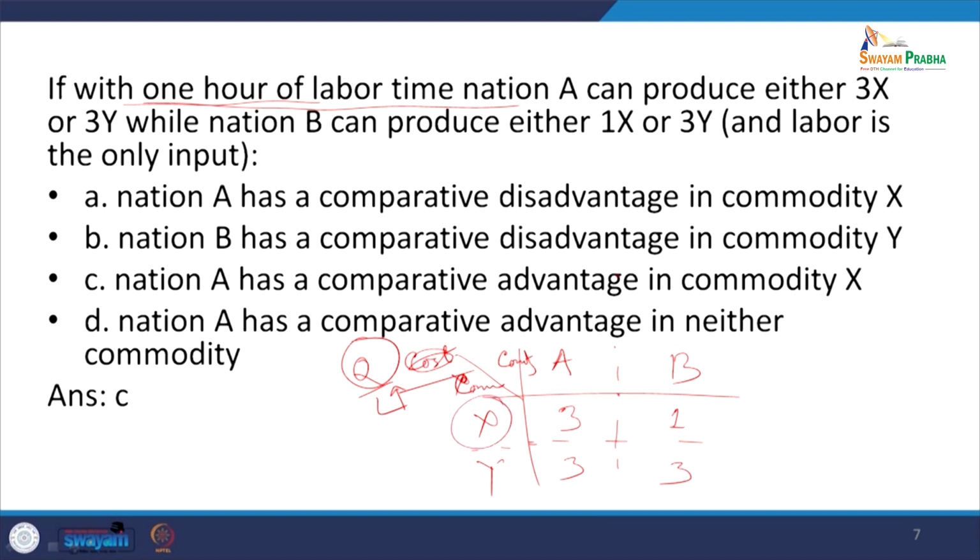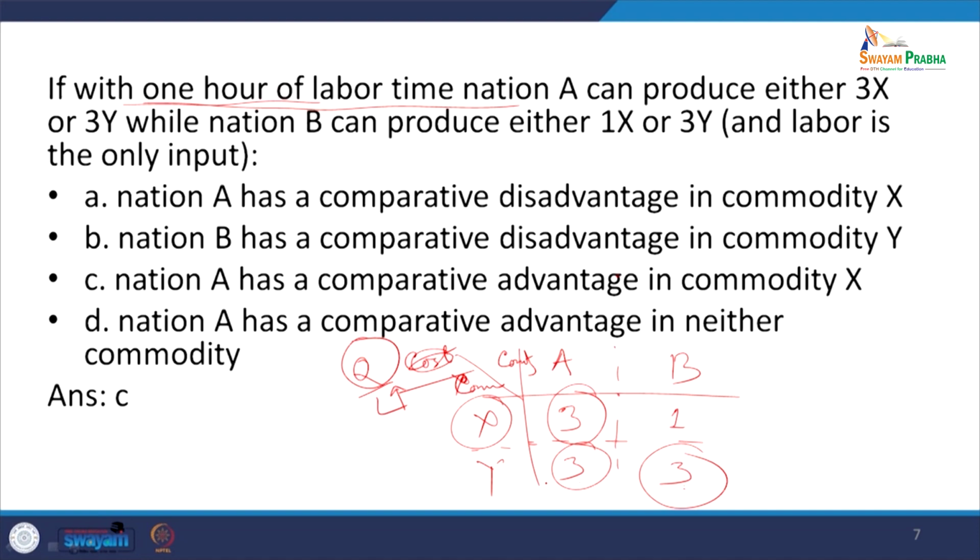For X, country A at maximum can produce 3 units as against country B. So in the absolute sense country A has a huge advantage, whereas for commodity Y both countries have equal advantage. Now there are 3 options.